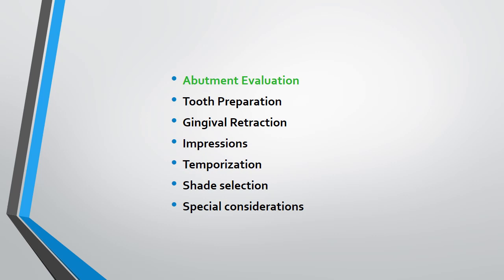Based on the abutment evaluation, the prognosis or the success of the fixed prosthesis is determined, followed by the tooth preparation, gingival retraction or the tissue management, the impression techniques or the impression procedures, the temporization or the provisionalization, shade selection and special considerations or clinical situations. So out of all these different clinical procedures, the topic about the abutment evaluation will be continued from now onwards.